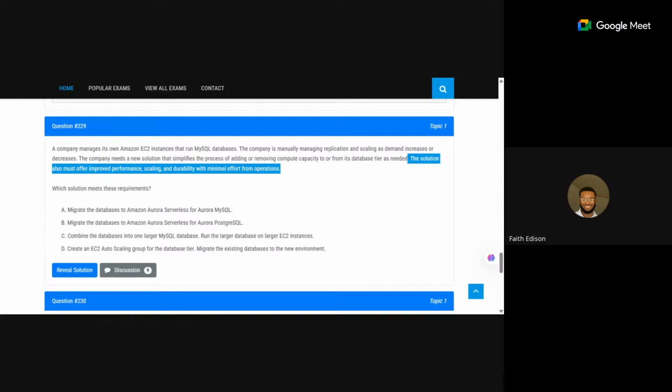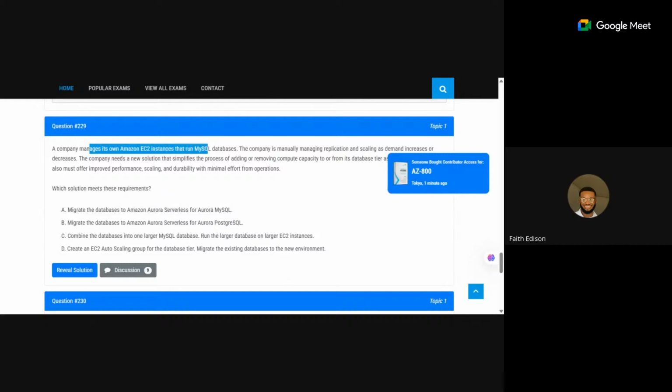Migrate the databases to Amazon Aurora Serverless for Aurora MySQL. Migrate the databases to Amazon Aurora Serverless for Aurora PostgreSQL. Combine the databases into one larger MySQL. But this is MySQL. Its own instances run MySQL.